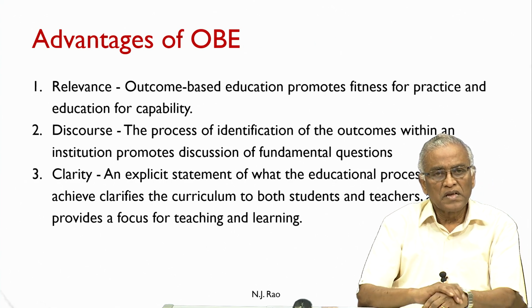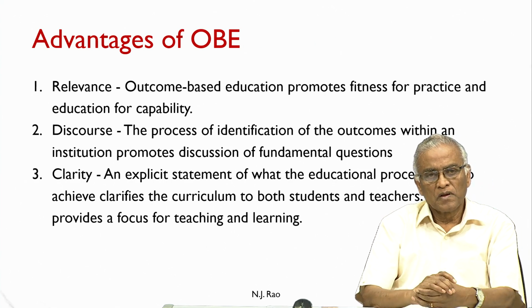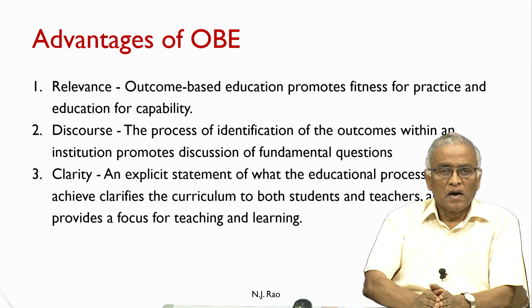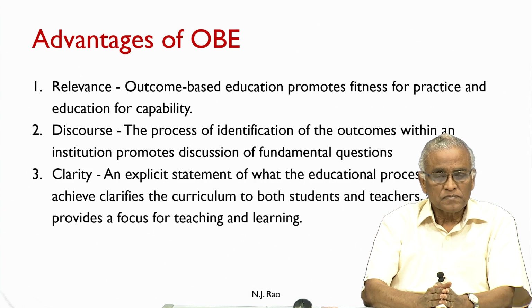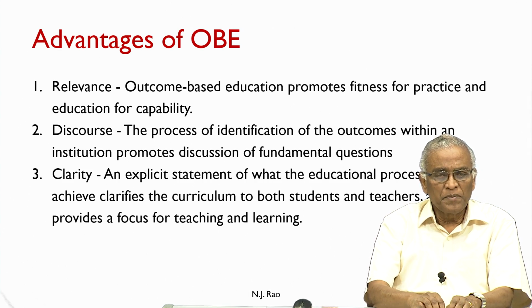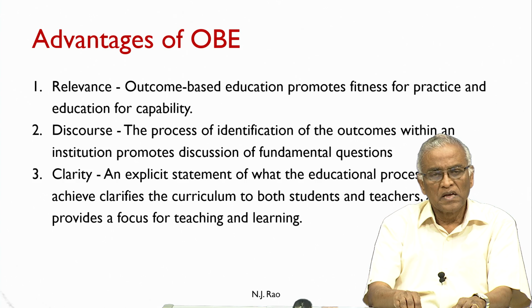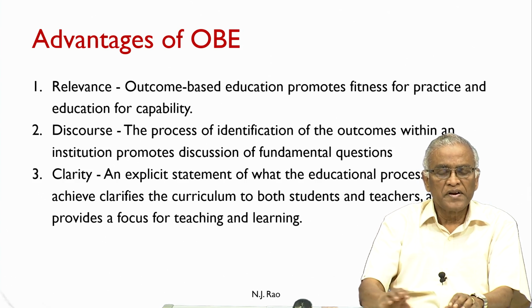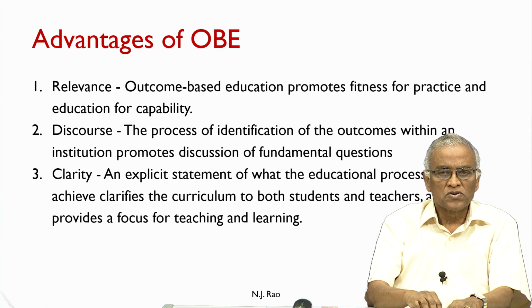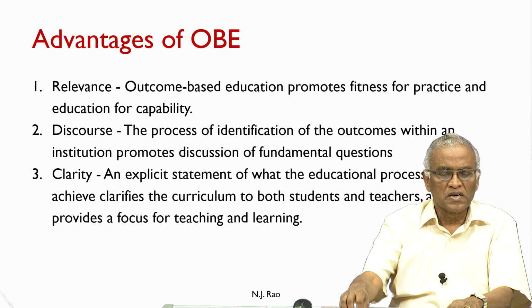Now, what are the advantages of OBE? We may repeat a few things, but here, first is relevance. Now, when I write my outcomes, for what purpose am I writing these outcomes? Is it because an individual decides these are important, or there can be other stakeholders? Fitness for practice, for example, a graduate of this program should be able to do a few things.